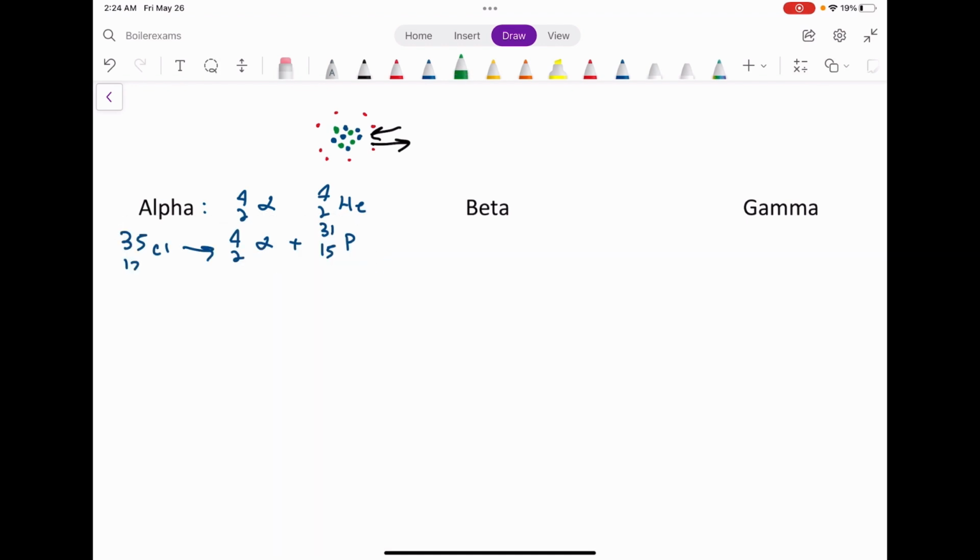Beta particles, we can have positrons, which is 0, 1 beta, or electrons, a 0, negative 1 beta. And beta decay exists in 3 different forms. So let me draw this line. We can have beta decay, where we lose an electron, and in our nucleus, this is going to turn one of our neutrons into a proton, which I'll show you.